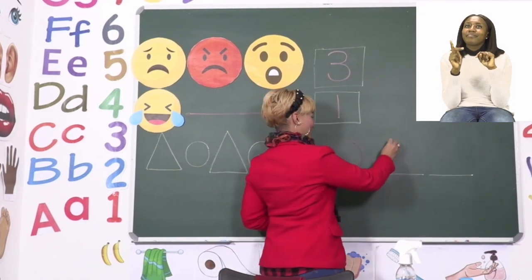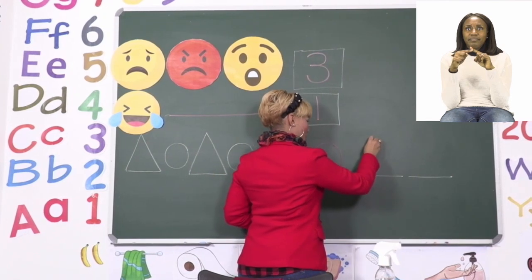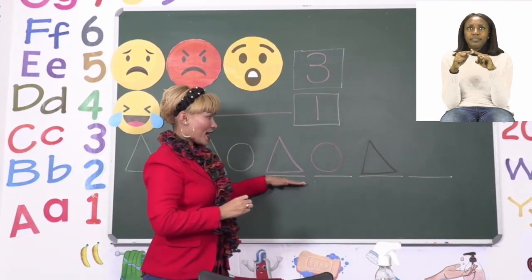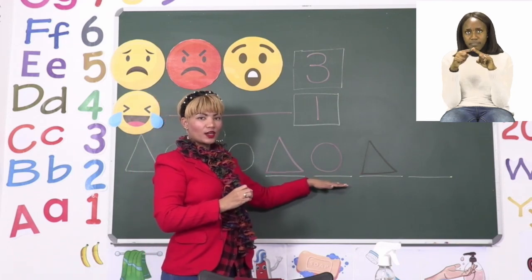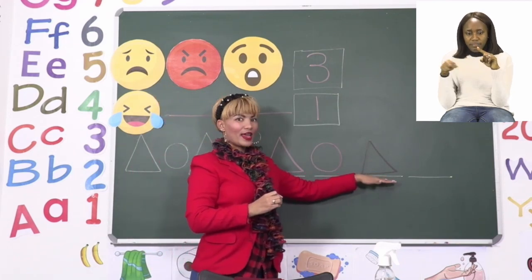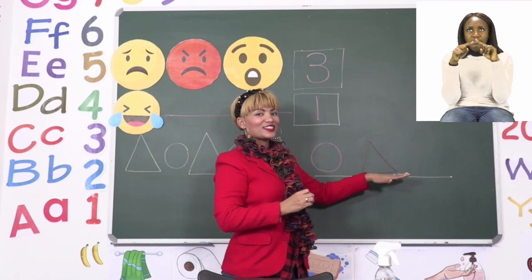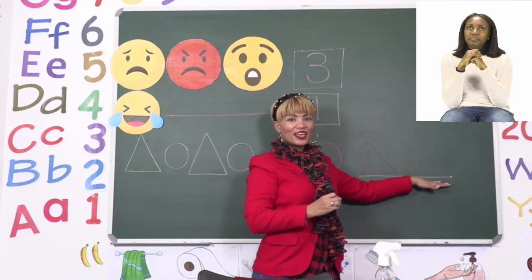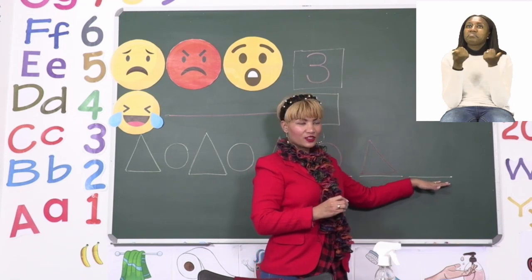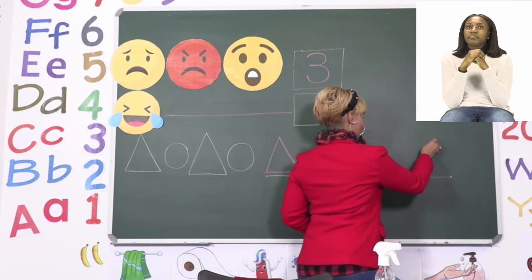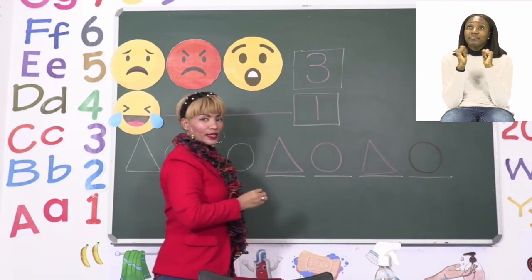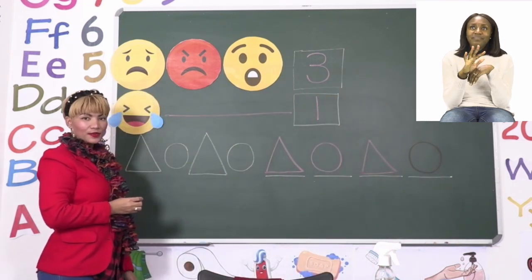Another triangle. Good job, everyone. Triangle, circle. Triangle, circle. Can we all say it together? Circle. So now we put in another circle to complete the pattern.